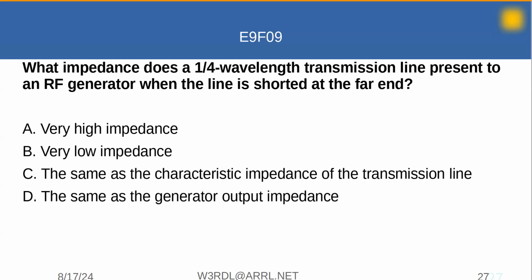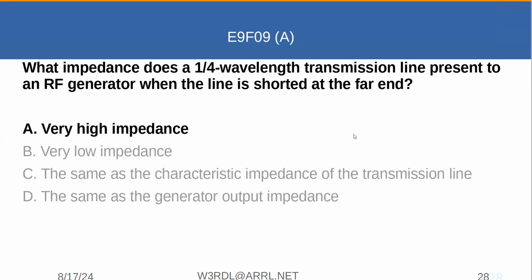Okay, so you say it would be B. Let's see, it says we're shorted at one end. It's a quarter wave long. So it's going to be the opposite at the other end. What's the opposite of a short? A very high impedance. I need flashcards. Well, that's a concept you need to understand about the wavelength and the way it affects it.